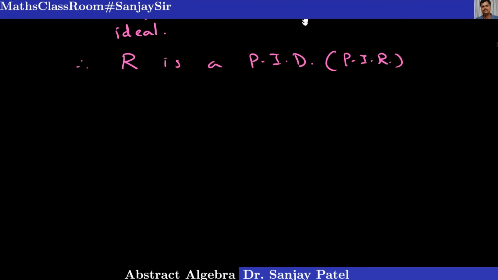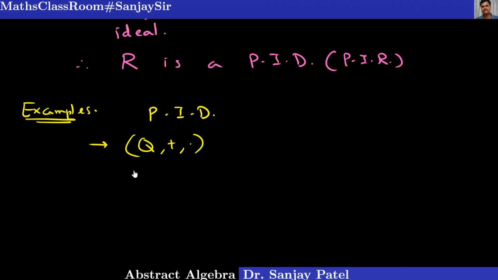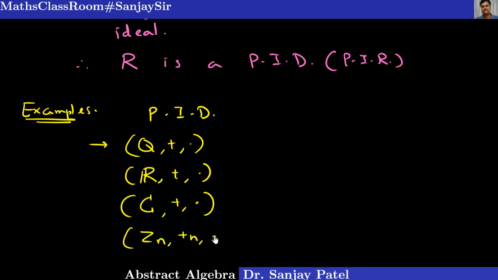As a result of this theorem, we have so many examples of principal ideal domain. For the examples, just write down any field: Q plus dot, the set of real numbers, the set of complex numbers, and Zn with addition mod n and multiplication mod n, where n is prime.